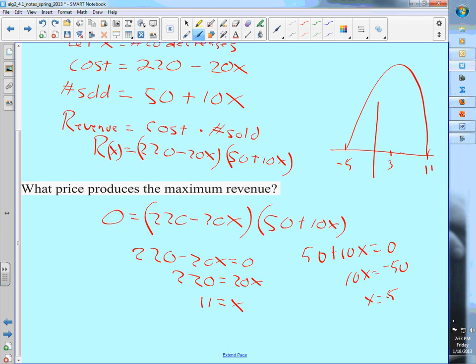So halfway is going to be x equals 3. That means the vertex is 3 comma something. That means x is 3. What price should you sell your bikes for? If x is 3, what should we sell them for? $160.